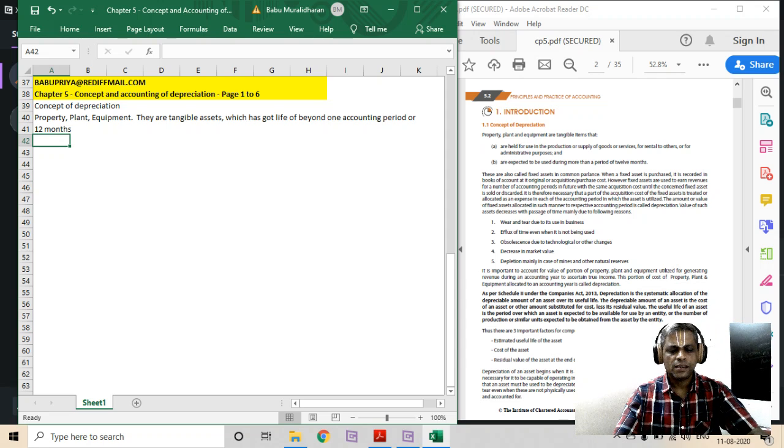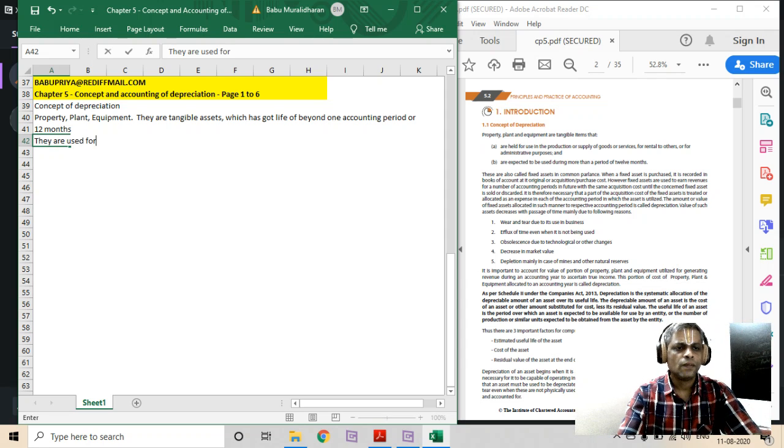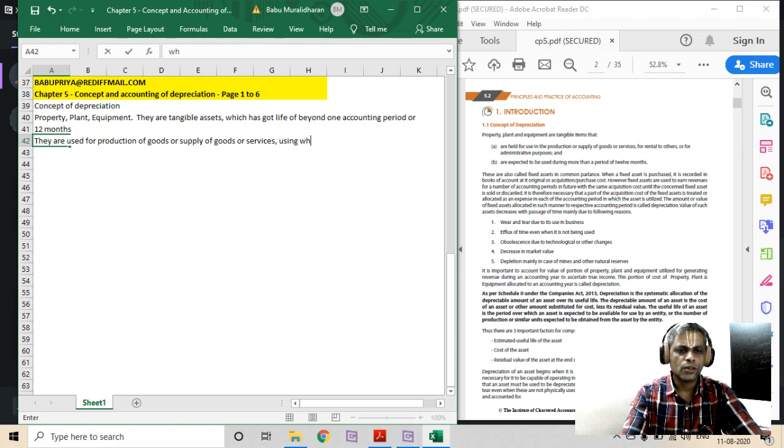And they are used for production of goods or services, supply of goods or services, and using which revenue is earned by the company.